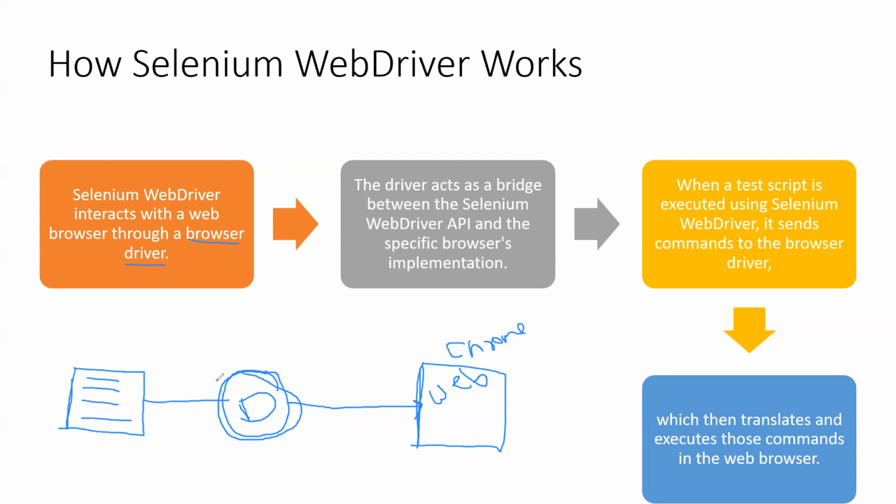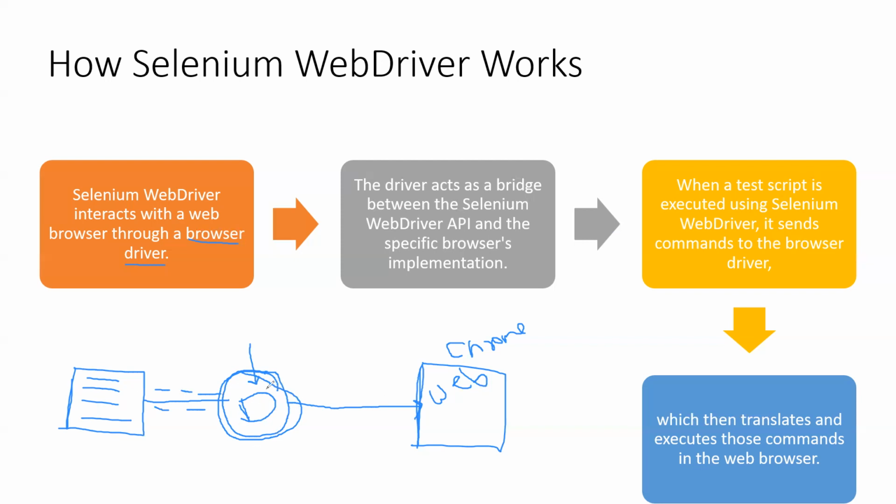Now, whenever your test script starts executing in Selenium, it will send commands over here. These commands will come to the driver, and the driver will take these commands, do some kind of transformations, or maybe you can say it will interpret them in a way.